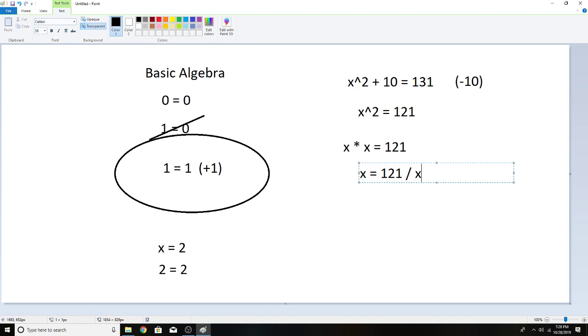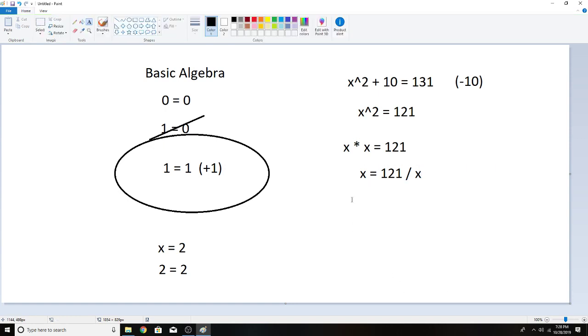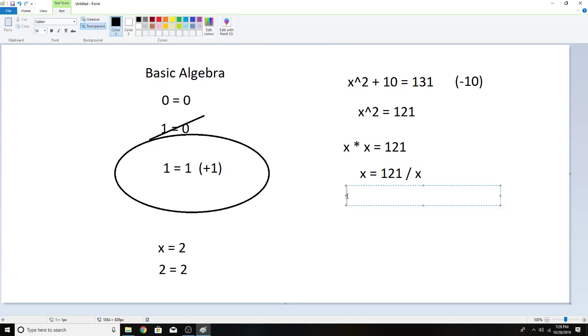So you need to find a number that goes into 121 as two numbers the same, which is what we would call a square root. So we square root x squared. That just means it's x, because you're dividing x squared by x.